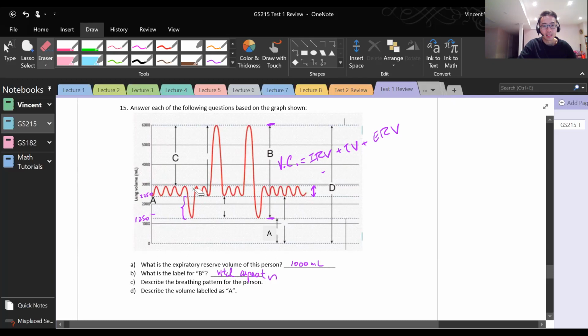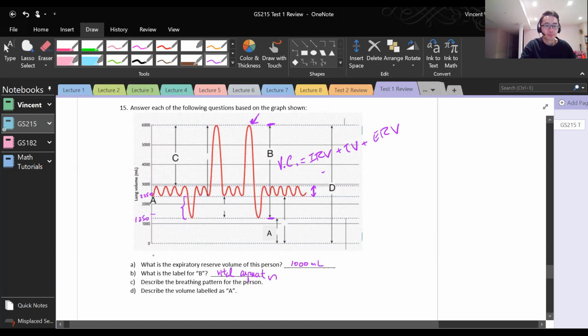And then you breathe in again and out and in and out. And then here, you breathe in as much as you can until you can't do it anymore. Okay, and normal breathing again. And then again, you inhale as much as you can. And then from this point, after your maximal inhalation, you breathe out as much as you can. So all the air that came out, that would represent your vital capacity.